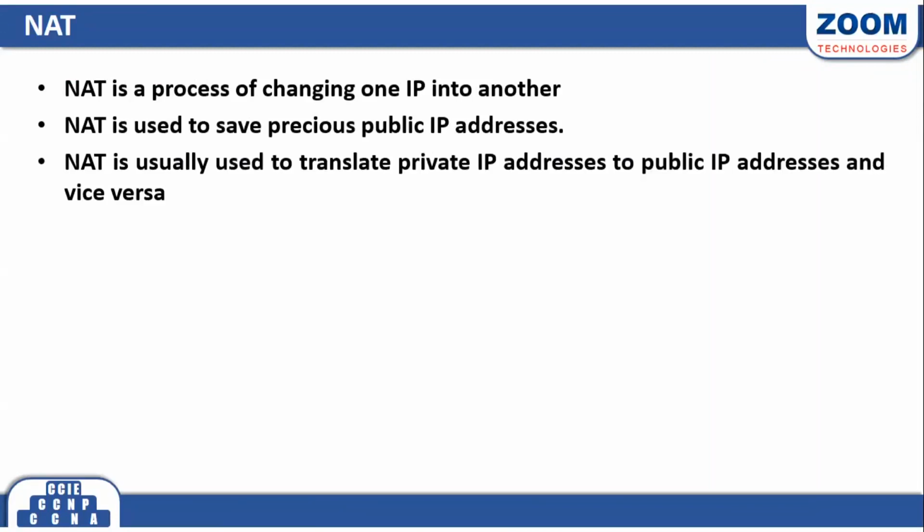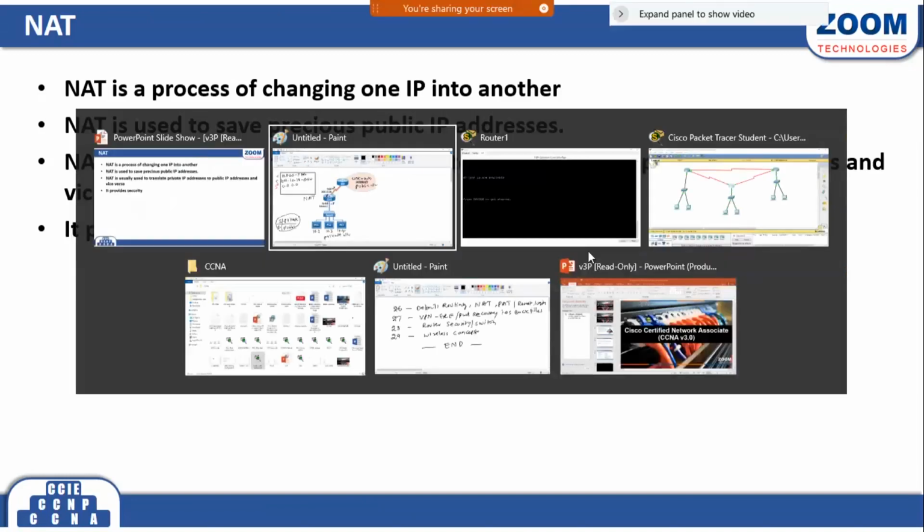NAT is usually used to translate private IP to public IP address and vice versa. It provides security. Using private IP itself, we are reaching the public network securely because of NAT. Agree? If NAT was not developed, then we must use public IP. If we use public IP, everyone can come into public computers. Clear?